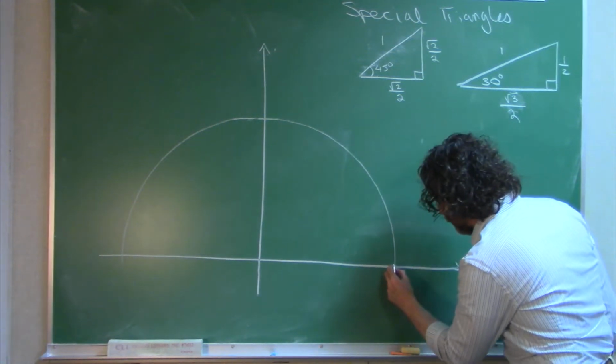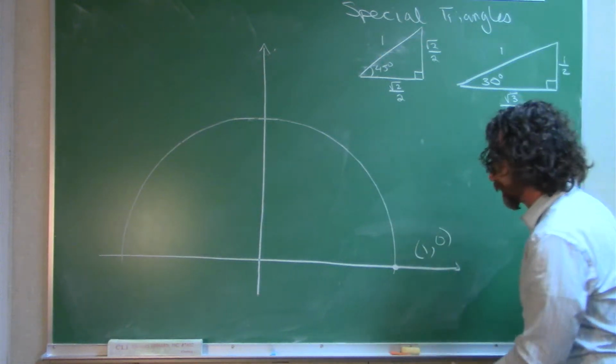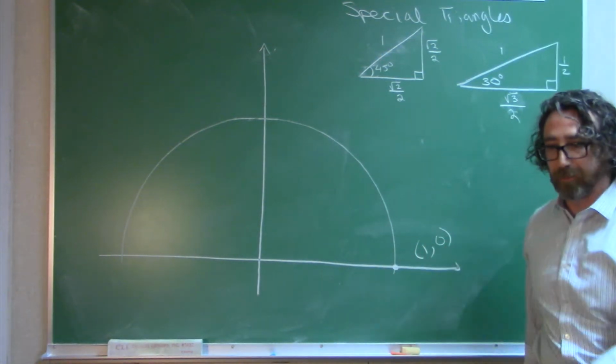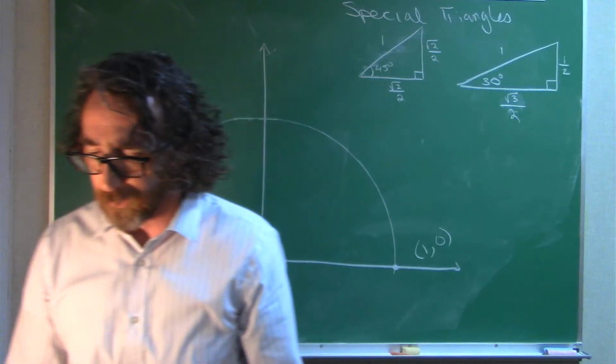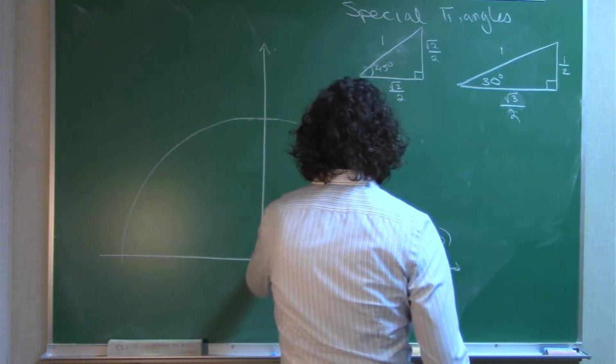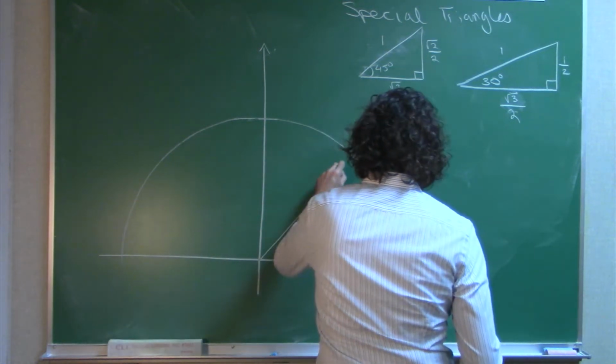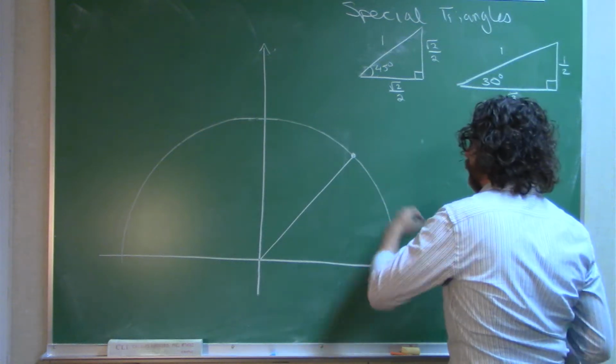Okay, so I am declaring that is the point 1, 0. So this right here, that's length 1. Now I want to talk about some of our special angles. So a 45 degree angle would be right about there.